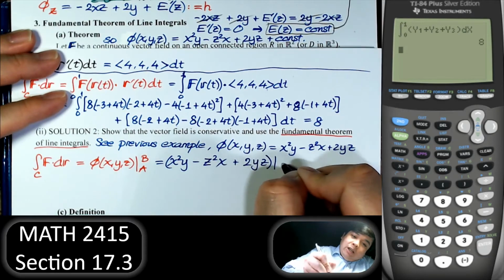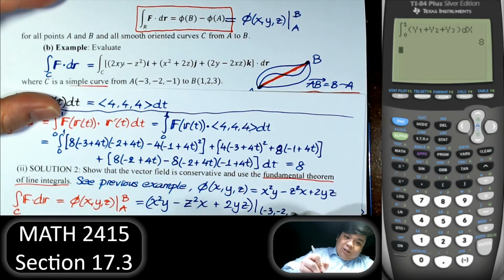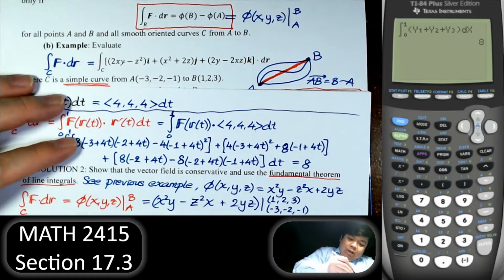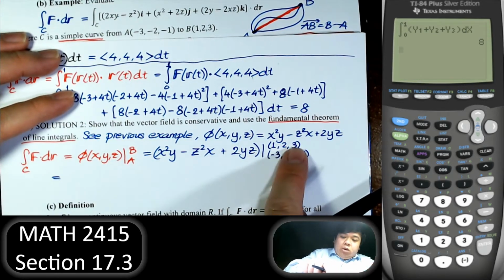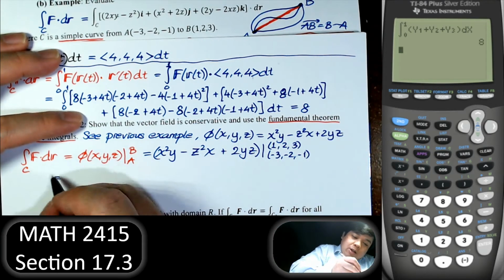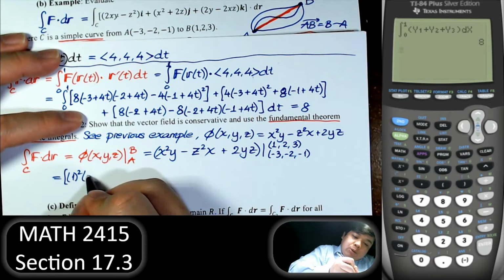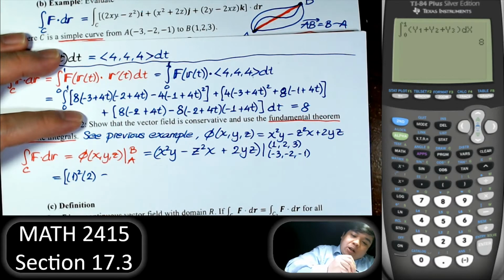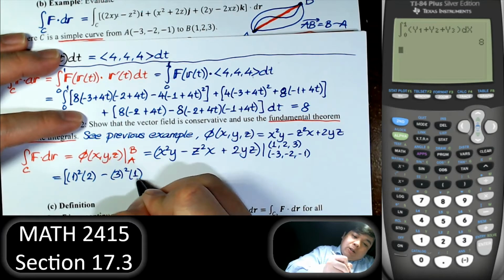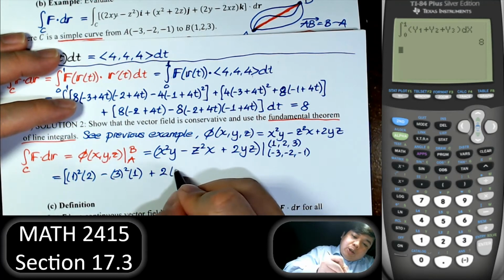We evaluate from A, -3, -2, and -1, to B, 1, 2, 3. So just like an integral, we're going to put x, y, z into that, and then subtract, we put those into that. So first, 1 squared times 2 minus 3 squared times 1 plus 2 times 2 times 3.